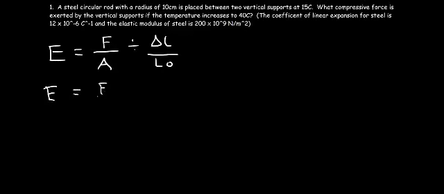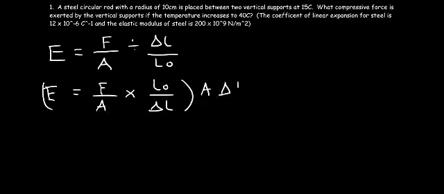I'm going to keep the first fraction the same, change division to multiplication, and then flip the second fraction. Now let's multiply both sides by A times delta L. On the right side, these will cancel. On the left side, we're going to have E times A times delta L, and that's equal to F times L0.